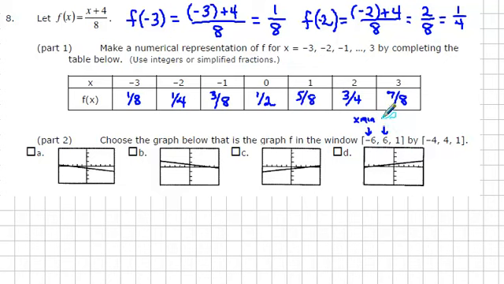The 6 is referring to the x maximum. And the 1 corresponds to the scale along the x-axis. And then similarly, in the second -4, 4, 1, the -4 stands for the y minimum, and the 4 stands for the y maximum.